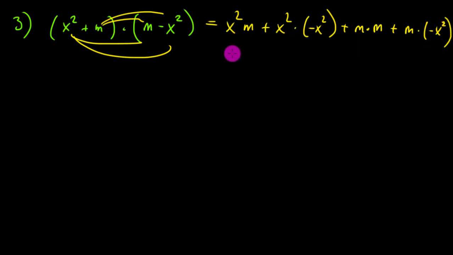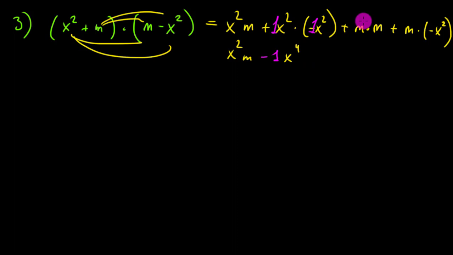Okay, what do you get here? Here you have x squared m. Look at the coefficients: here the coefficient is 1, here minus 1, so 1 times minus 1 will be minus 1. And then x squared times x squared, you add these two powers, plus x to the power of 4.